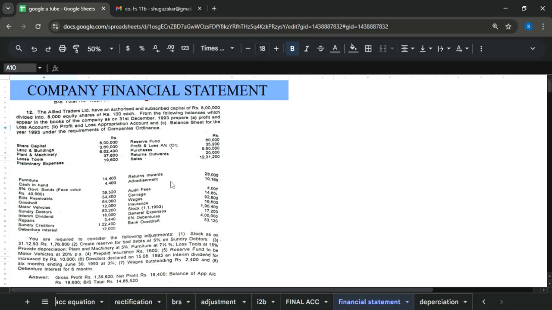But here we'll have to be more careful by choosing these items, and at the time of transferring to financial statements, you will have to be very careful. Secondly, you can see that here a separate para is provided regarding your adjustment, although heading is not available over here, but these are different adjustments.